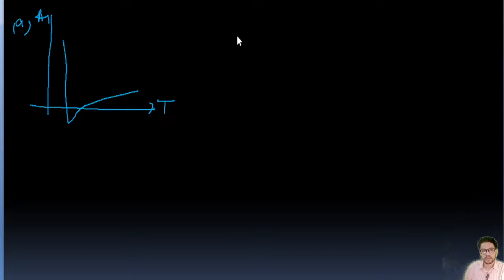Option A graph is this: this is RH, Hall coefficient, and this is temperature, and the graph is like this. Option B is this one. These are straight lines, guys.